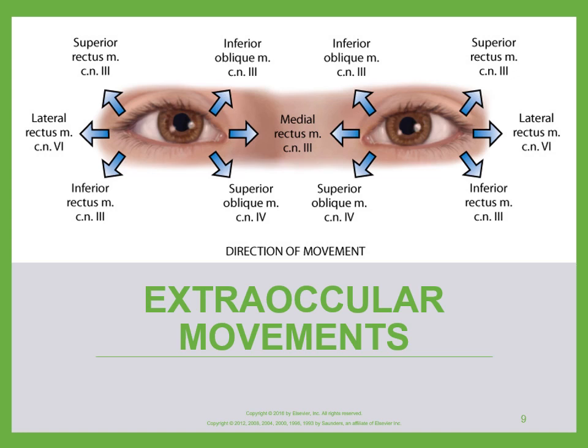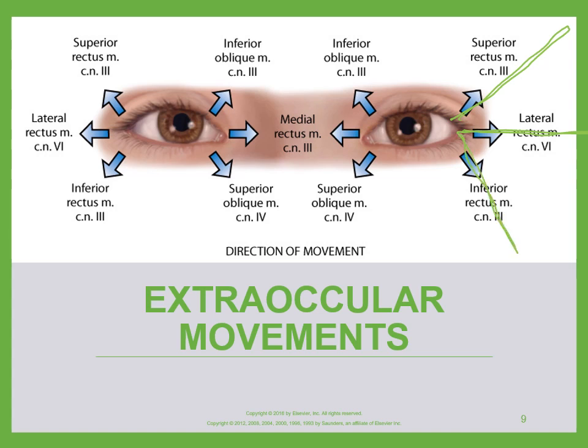Extraocular movements are checked in order to test cranial nerves 3, 4, and 6. Typically, you start with the patient's left upper gaze going this way and coming back, and then left lateral and coming back, and then left lower and coming back.